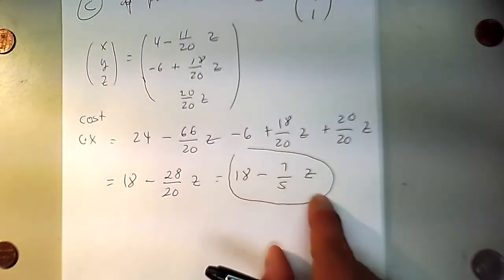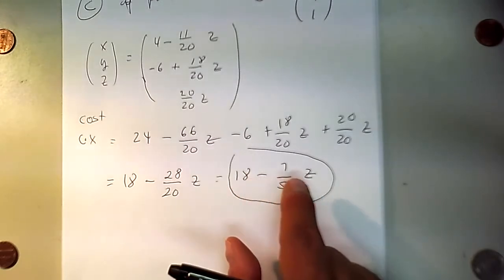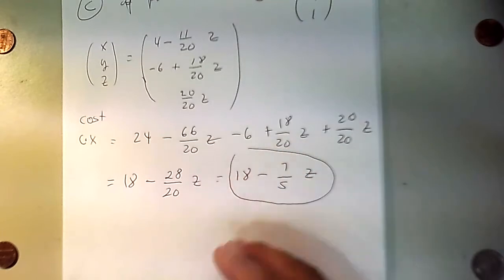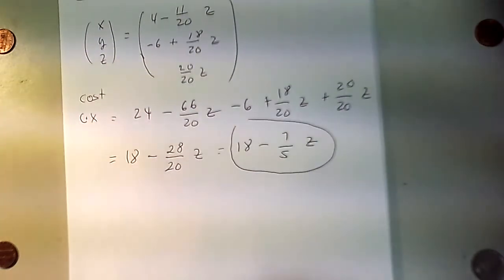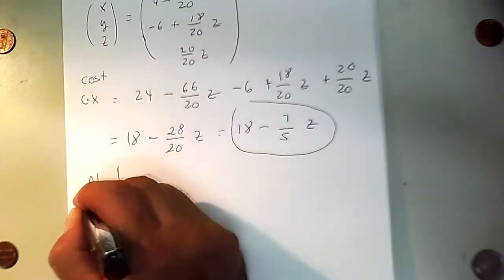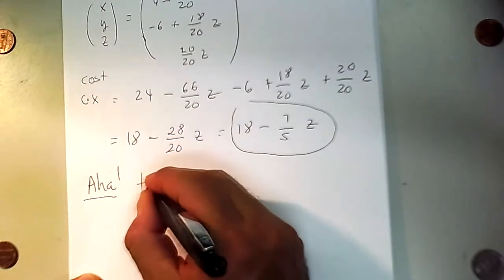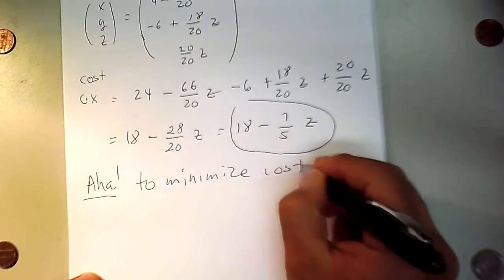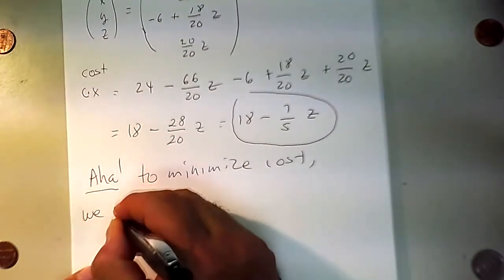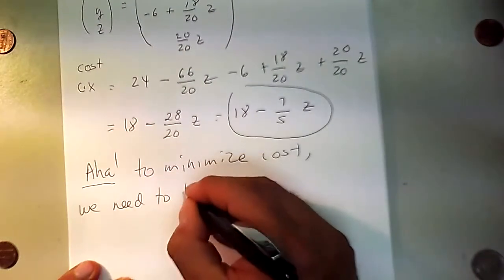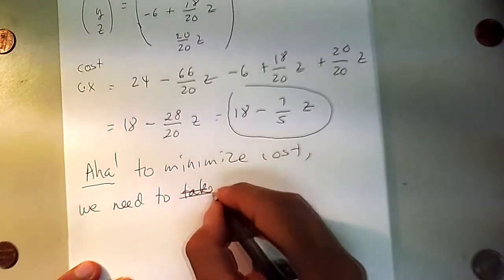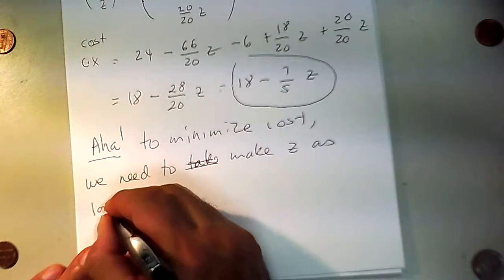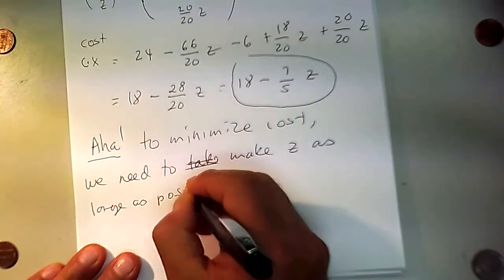Of course, we want to pay less, which means that we have to take away as much as possible from 18 to reduce our cost. So we can say, to minimize cost, we need to make z as large as possible.